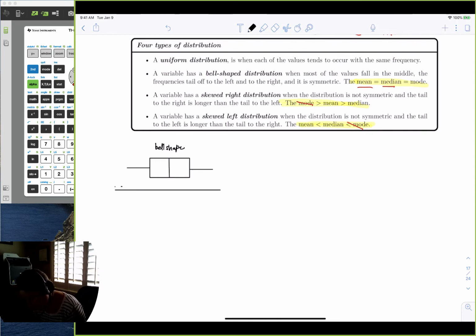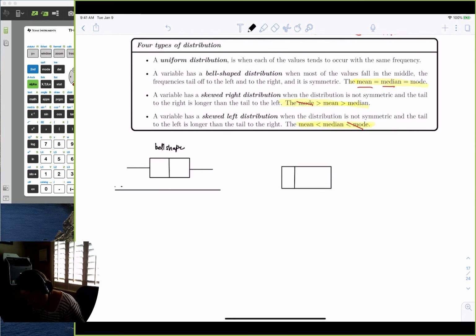Okay, and then if I wanted to do the other box plot and do skewed right, with skewed right, the median is the smallest value. So that means that it's over here.